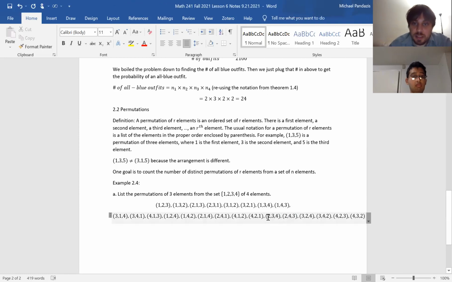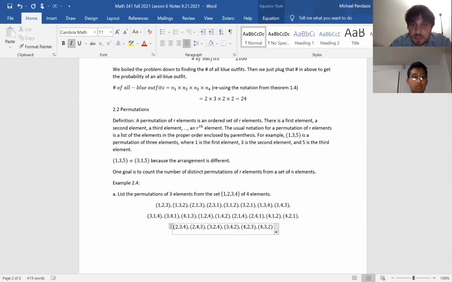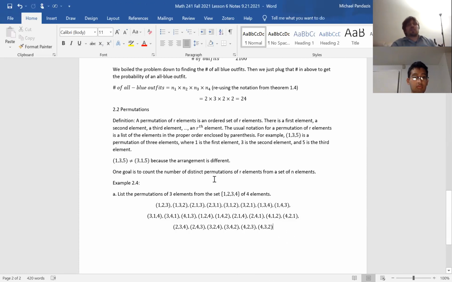Okay. And so those are all of the permutations of 3 elements from the set 1, 2, 3, 4, 4 elements. Okay, so there should be 24 here.